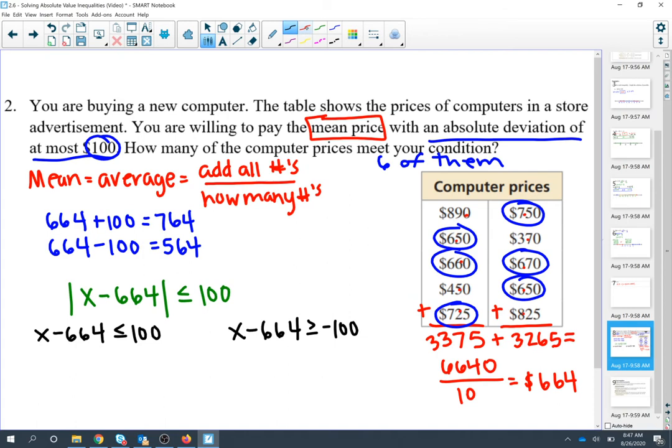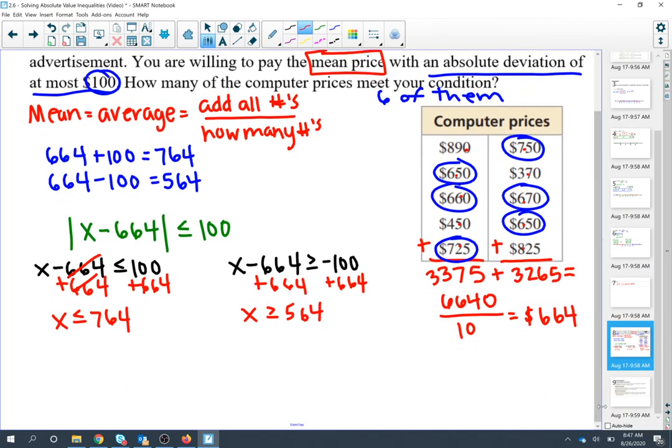On the first one, if we add 664, we would have x is less than or equal to $764. If we add 664 on the second, we would have x is greater than or equal to 564.